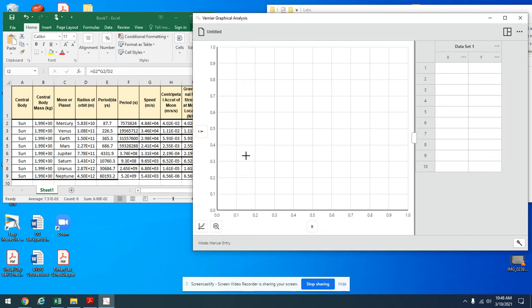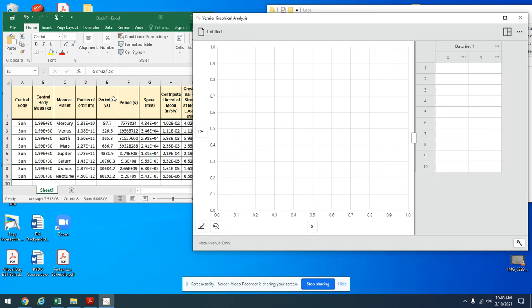In other words, we're trying to figure out, if this is just x and y, is it y equals some number times x? Is it y equals some number times x squared? And so on. We're not going to try to figure out the meaning of the constant. We're just going to try to figure out the relationship of the variables.